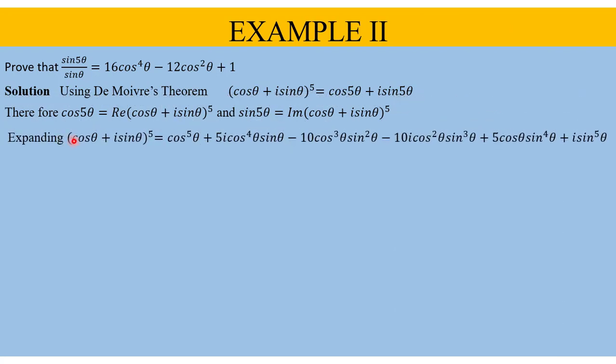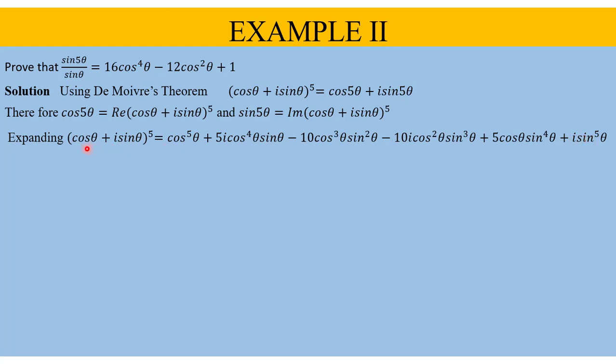So now expanding cos theta plus i sin theta power 5, we still use Pascal's triangle to expand this and obtain the whole of this expression.